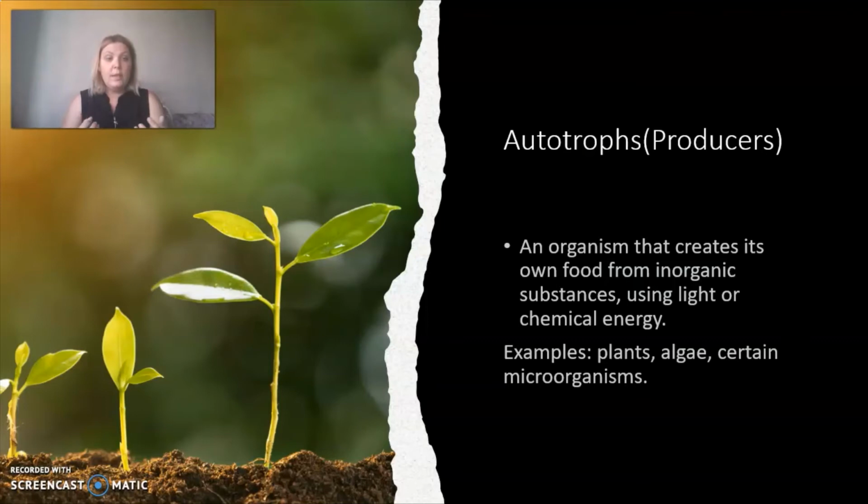What they do, they take minerals and chemicals from the soil, which are inorganic materials, and they use light, the energy from the sun, to build themselves and to build food for themselves. This is why we call them producers, because they turn inorganic matter into organic matter using energy from the sun.